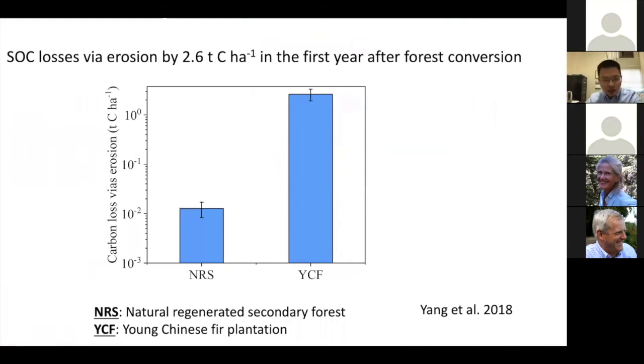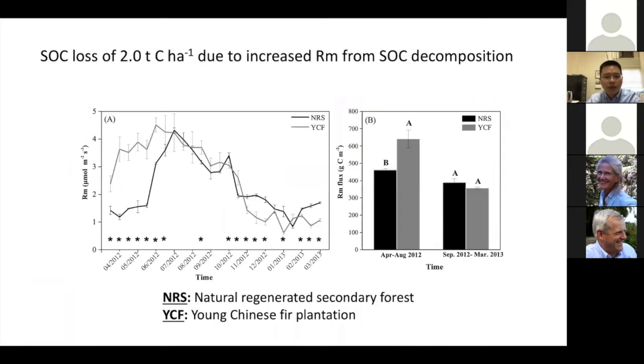And also, I found 2.6 tons of carbon losses from the soil erosion in the first year after the forest conversion. And third, I also measured the soil microbial respiration between the NRS and the YCF.